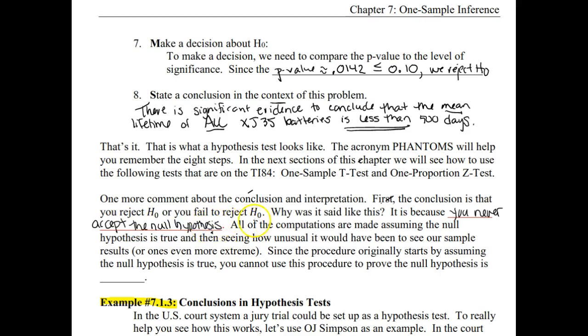When we fail to reject it, we don't say we accepted it. The reason is that all of the computations are made assuming the null hypothesis is true, and then seeing how unusual it would have been to see our sample results, or ones even more extreme. Since the procedure originally starts by assuming the null hypothesis is true, you can't use this procedure to prove the null hypothesis is true. It's an underlying assumption to begin with.